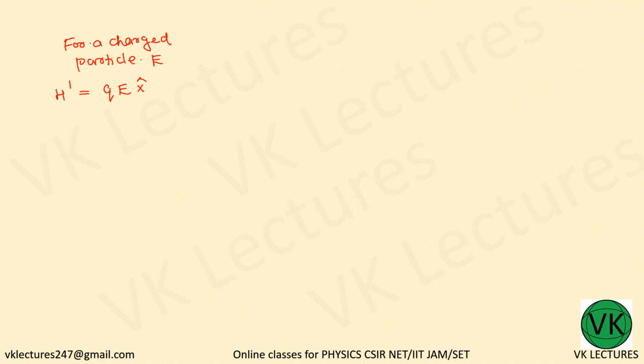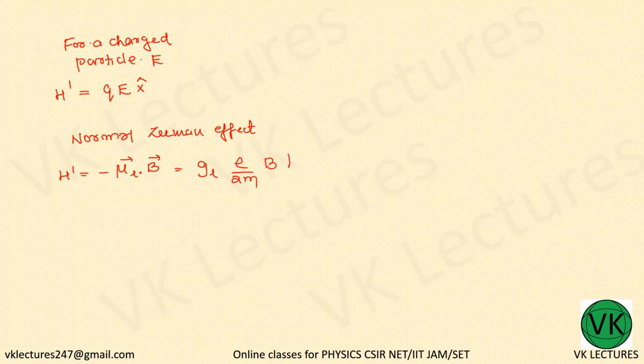Now for the normal Zeeman effect, H dash is equal to minus mu L dot B, so that's equal to GL E divided by 2m B into LZ.